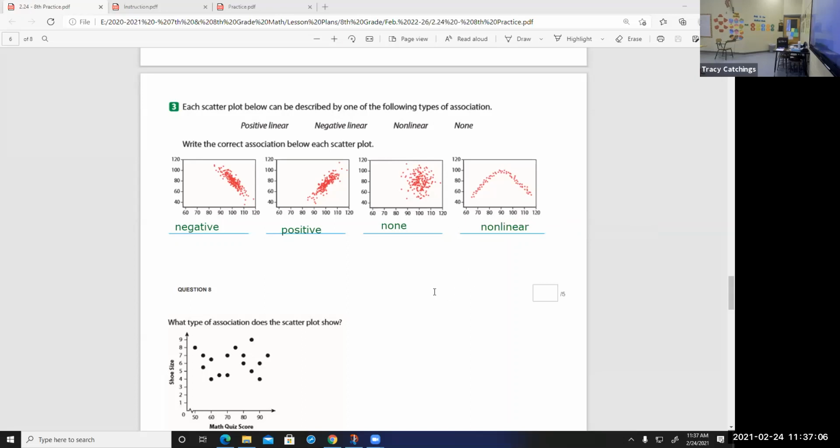We can squeeze one more in. Yep, we can. All right, looking at the topic, what type of association does that scatter plot show? Look at those dots. None. That's answer none. We're just on number 3. No, that's number 8.